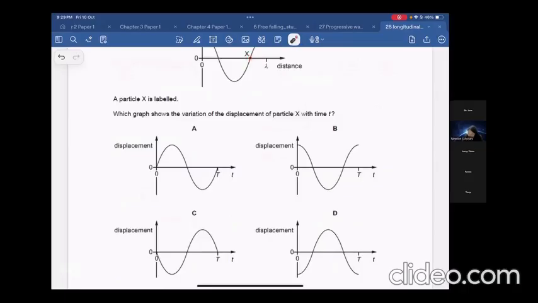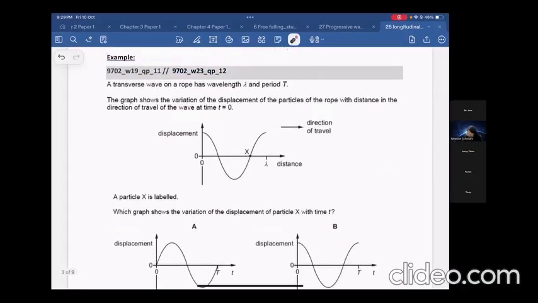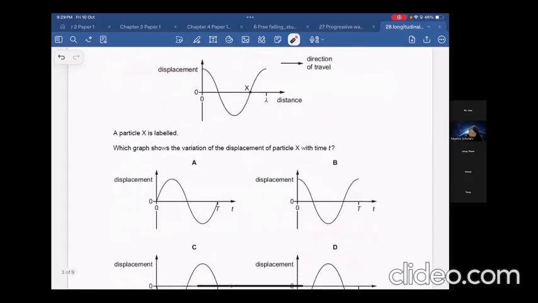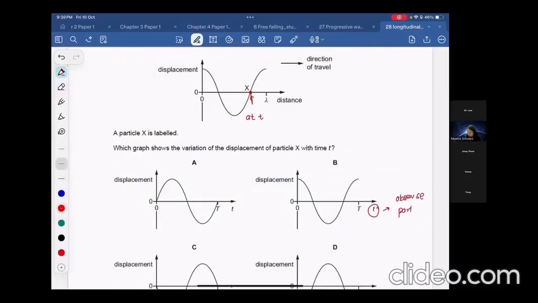So at here, time equals time t. Initially at here, this is the time. Do you agree? This is the time at t. This is the position of your X. Now, displacement over t is actually I observe particle X only.